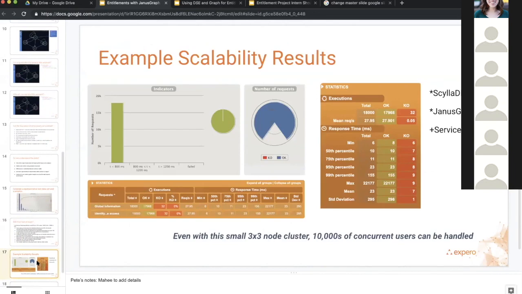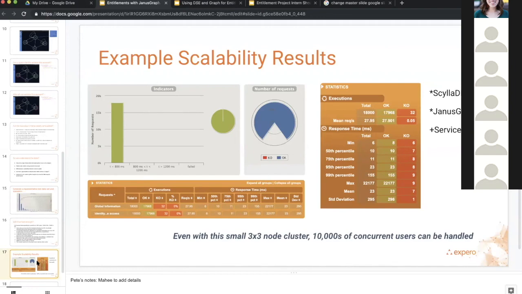Lastly, this is an example of some scalability results, and this particular scalability run was with this actual graph demo, the graph model I've shown you earlier, running against a Scylla cluster, with Janus sitting on top of it.